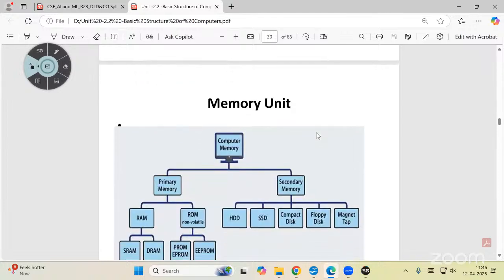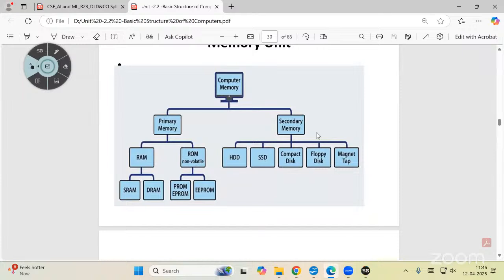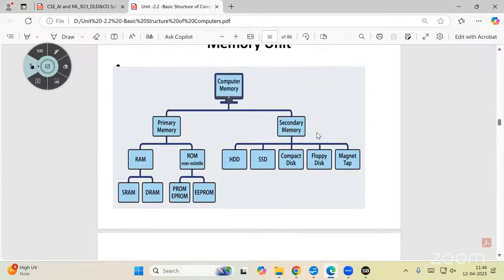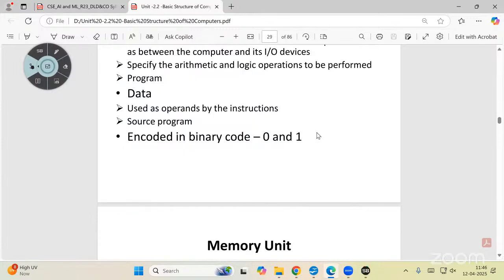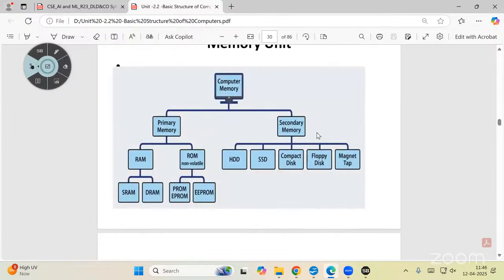Next, memories. Different types of memories: primary memory and secondary memory. Can you differentiate what is primary and what is secondary? See the diagram and tell me at least.